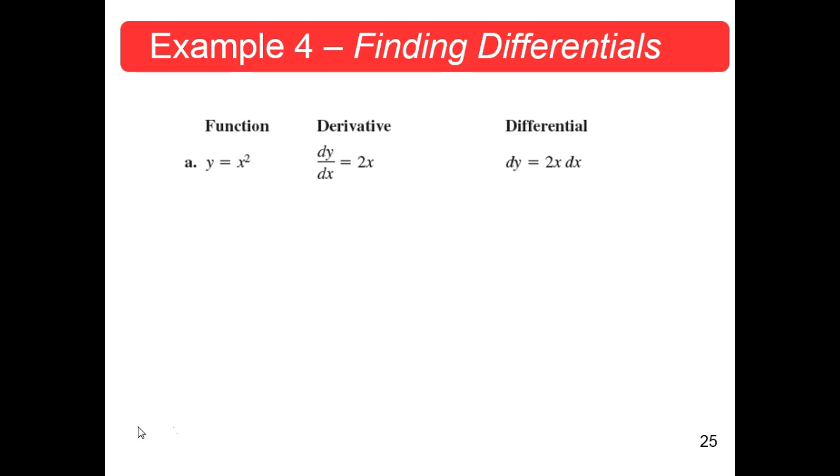So, here's example 4. Here's our function, y equals x squared. What's the derivative of that function? 2x. dy dx is 2x. If we wrote it in differential form, what would that be?